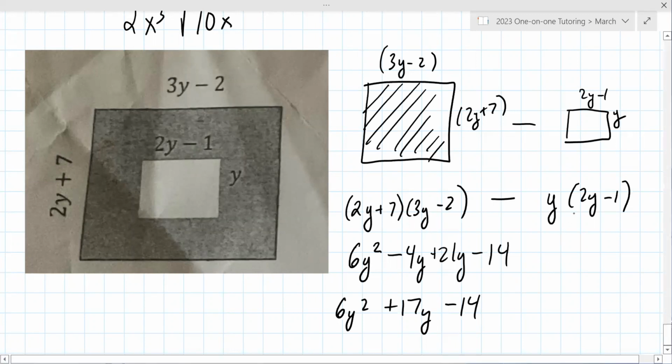Now on the right, you're going to distribute first, but then you have to negate everything. So it's 2y squared minus y, and you've got to negate everything.